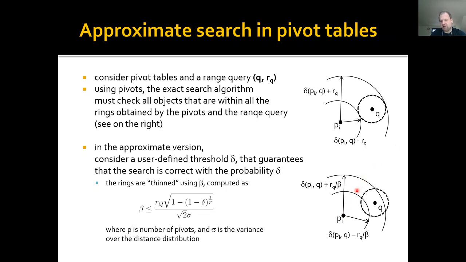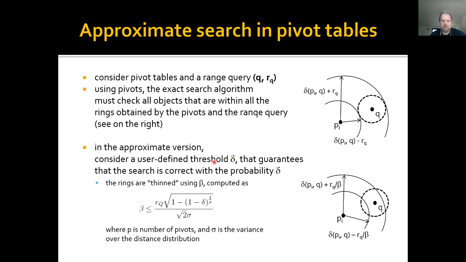So if this is thinner, more of the data will be filtered out, and the search will be faster. And the beta is not computed ad hoc, but is a probabilistic method that is guaranteed, and the guarantee is driven by a user-defined threshold delta.